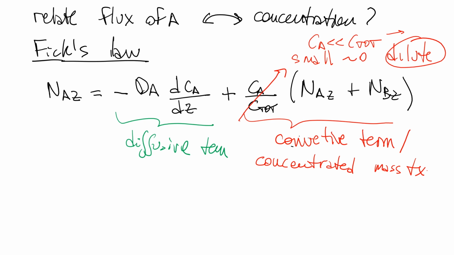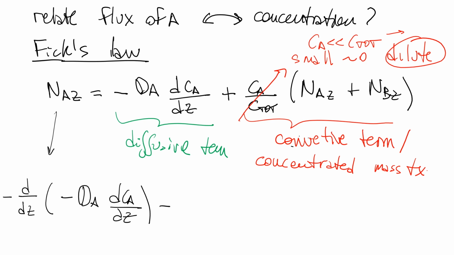So now we substitute this in our mass balance, and what we get is, we have d dZ, and we had a negative there, DA dCA dZ minus K equals 0. And then we can bring DA outside of the derivative because it is constant.